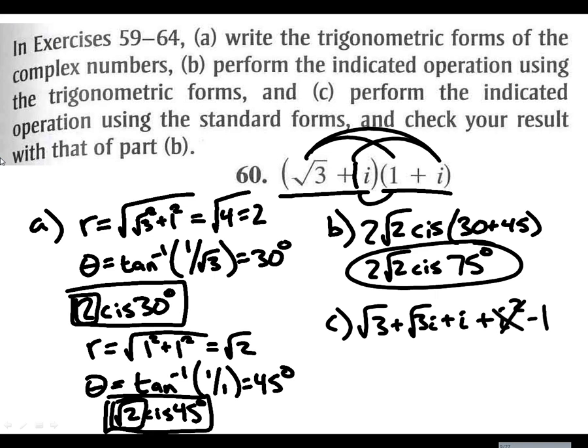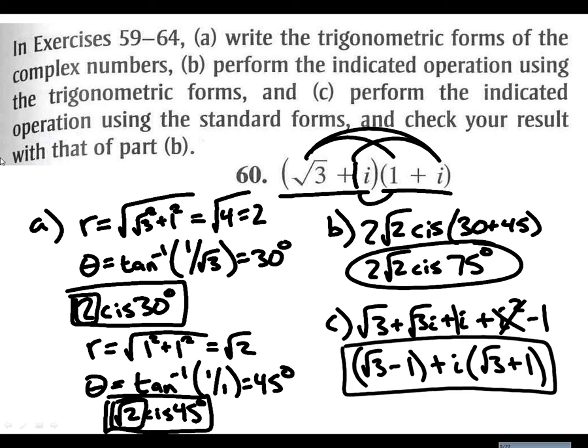I'm going to rearrange this just to collect the real terms together: rad 3 minus 1 plus i times rad 3 plus 1. Remember, there's a 1 right there, pulling the i's out. So this is the exact same thing as this. This is our standard form. This is our trig form.